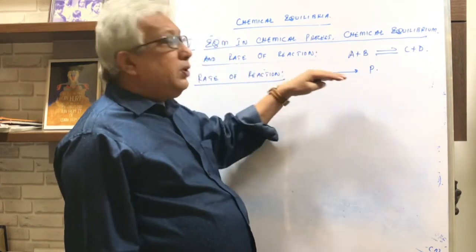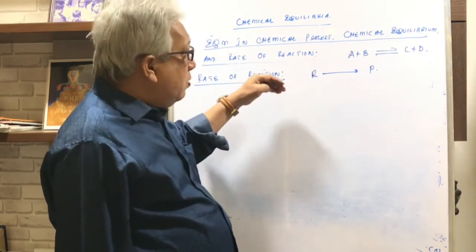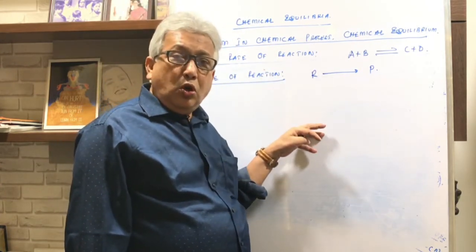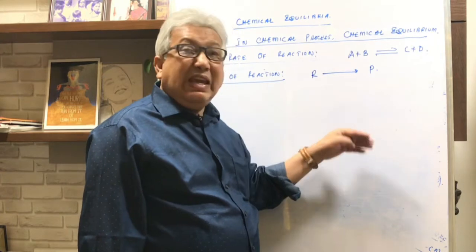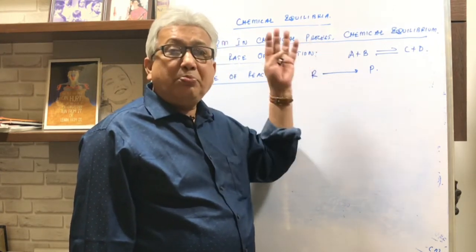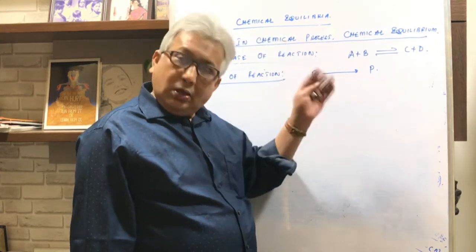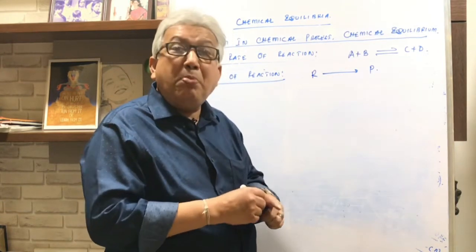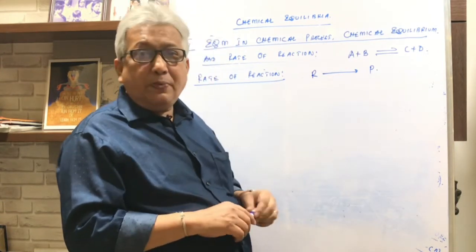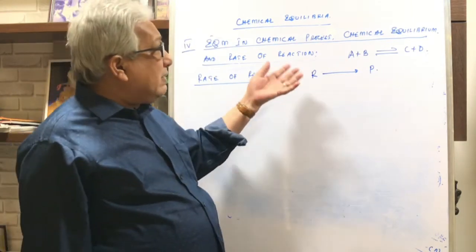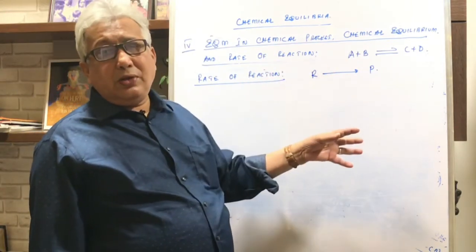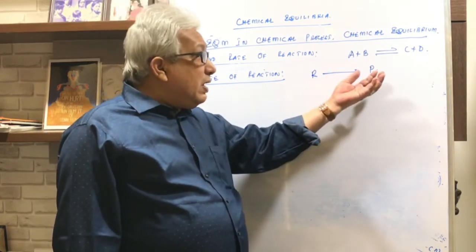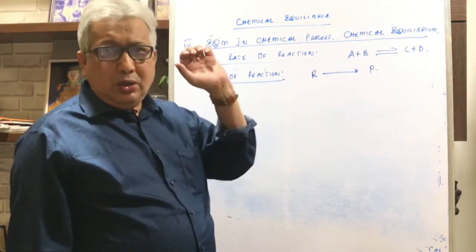You can measure the rate either with respect to the decrease in the concentration of reactant or with respect to the increase in the concentration of product. So either way you can talk. I repeat once again, you can measure the rate of a chemical reaction either with respect to the decrease in the concentration of reactant or with respect to the increase in the concentration of product.